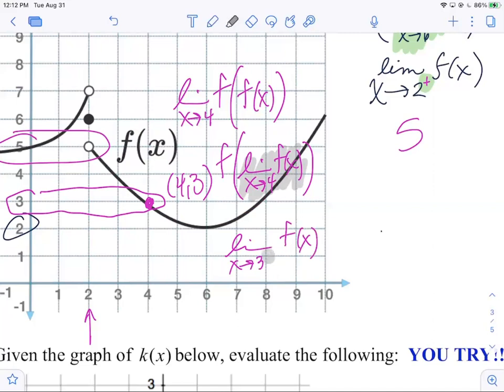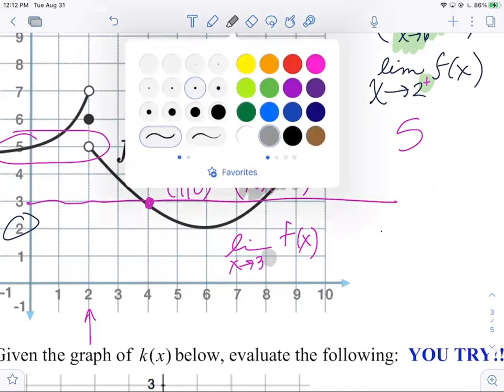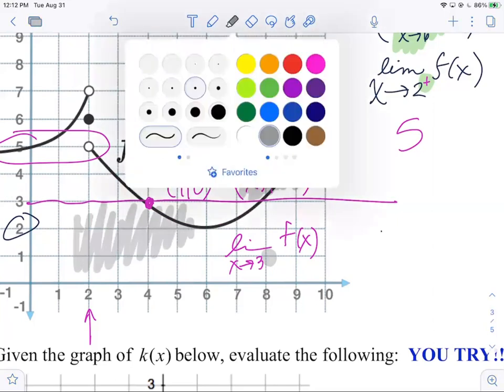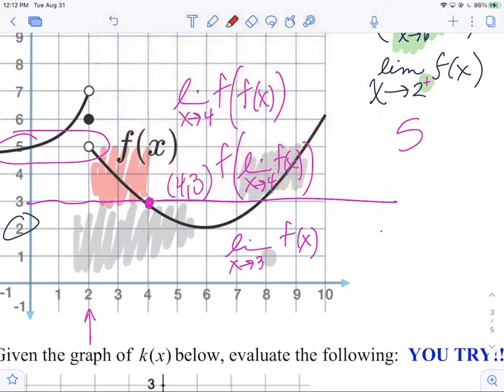But the question is, is it one-sided or two-sided? Draw that horizontal line now at 3. Notice that everything above is still positive and everything below is still negative. Here's the negative side of 3, and here's the positive side of 3. As I approach 3 from the left side of 4, I'm approaching from the positive side, and as I approach 3 from the right side of 4, I'm approaching from the negative side.